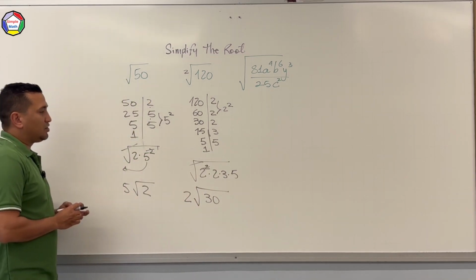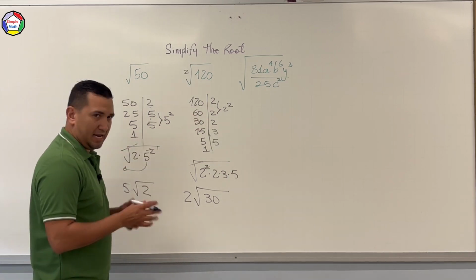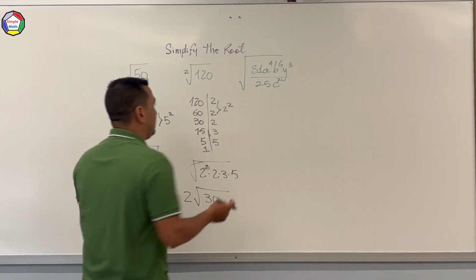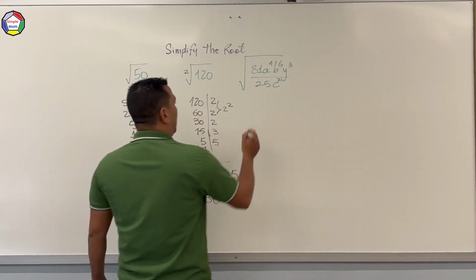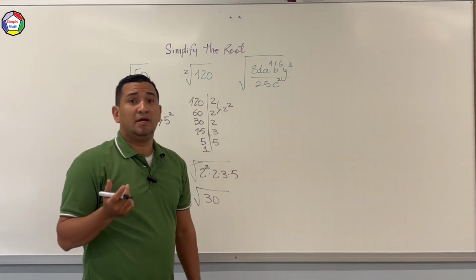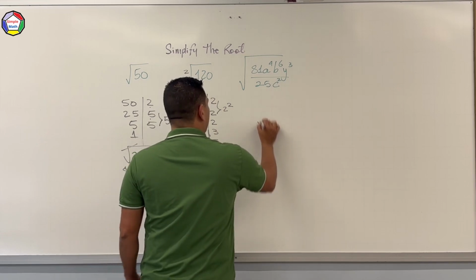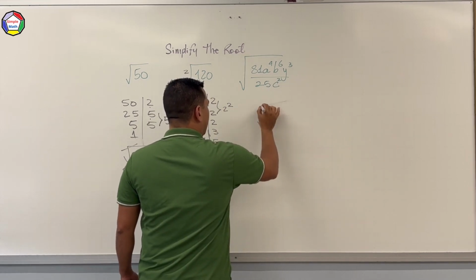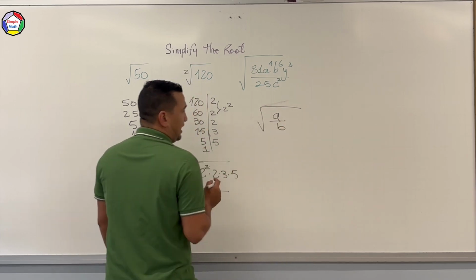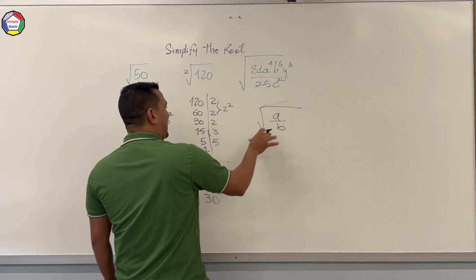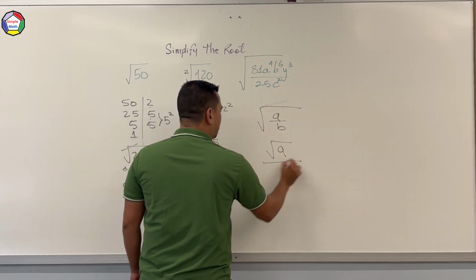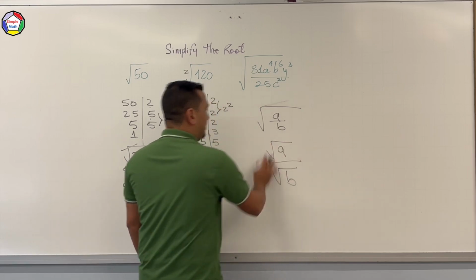All right, so let's try with another one. To solve this exercise, we are going to use a root property that says that when we have a root, or a radical, and inside we have a fraction, this is equivalent to the square root of the numerator over the square root of the denominator.